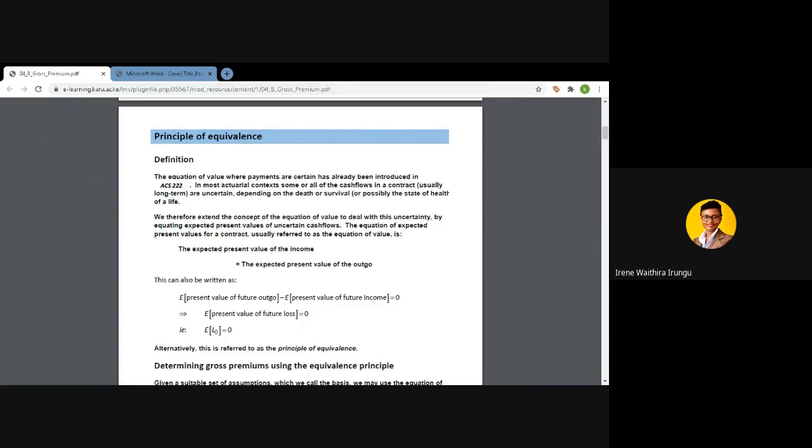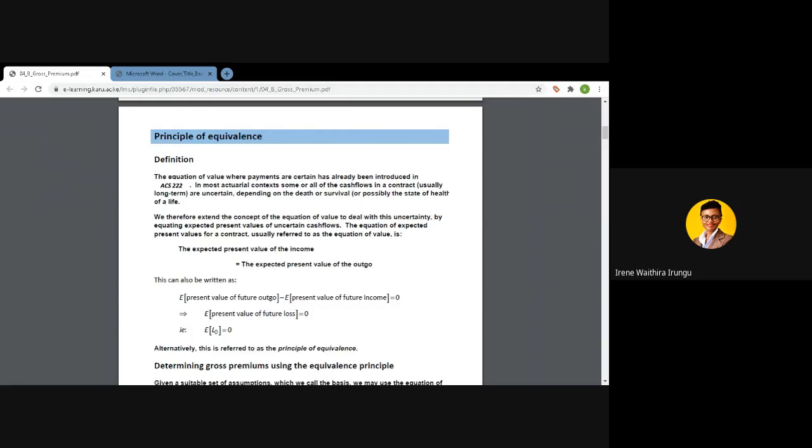And we will use what we call the principle of equivalence, where under this principle, we expect that the expected value of the future outgo minus the expected value of the future income will give us a value of 0, simply meaning that the expected value of the present value of the future loss random variable should equate to 0.